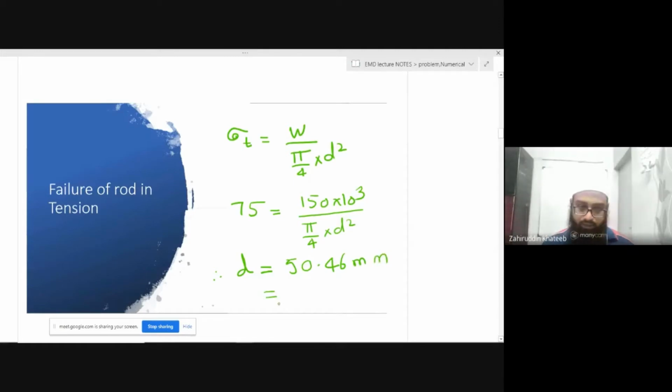So we are rounding it off to 52 mm. So we have taken d as 52 mm. Now the first step is completed, and we have found out the diameter of the rod which is connecting.